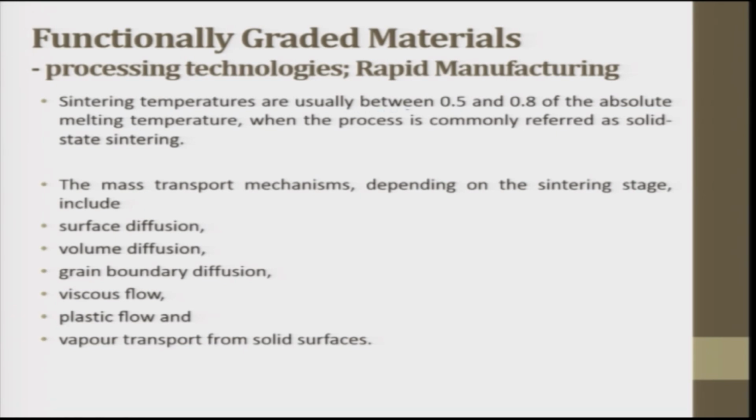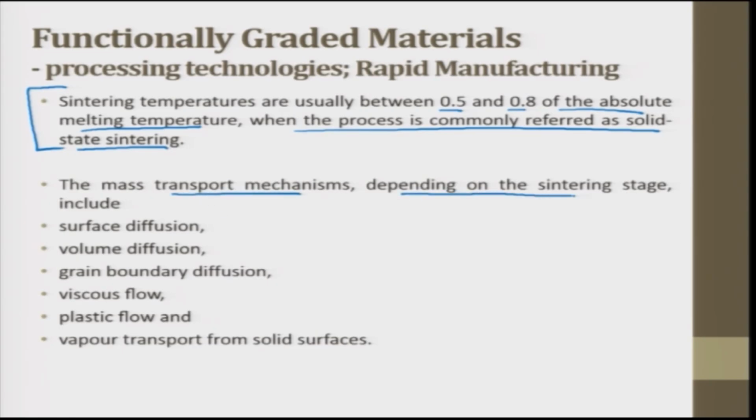Sintering temperature is usually between 0.5 and 0.8 of the absolute melting temperature, when the process is commonly referred to as solid state sintering. The mass transport mechanisms depending on the sintering stage include surface diffusion, volume diffusion, grain boundary diffusion, viscous flow, plastic flow and vapor transport from solid surfaces.